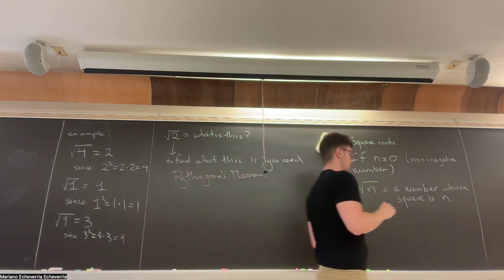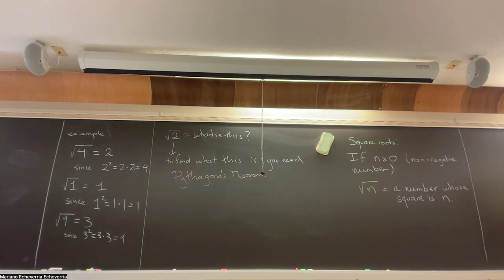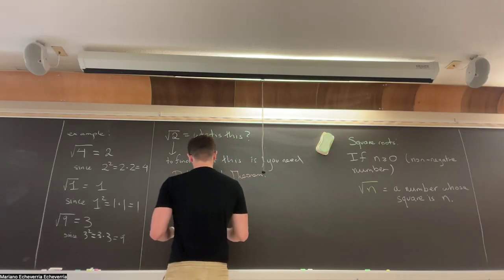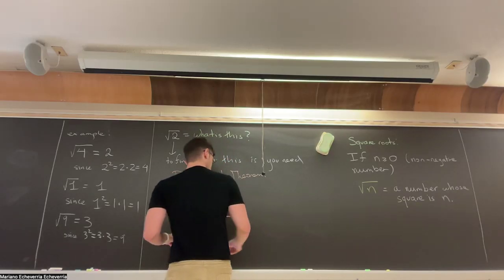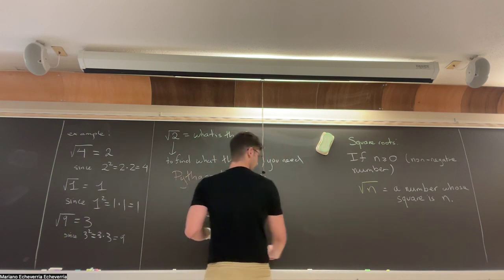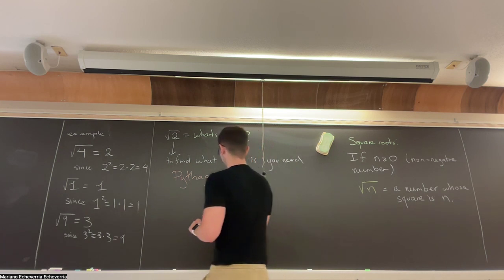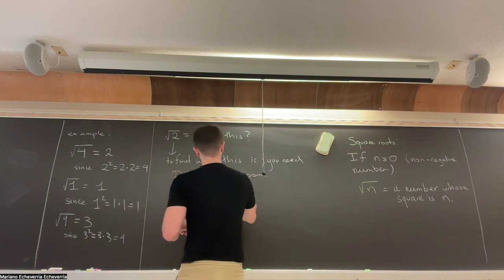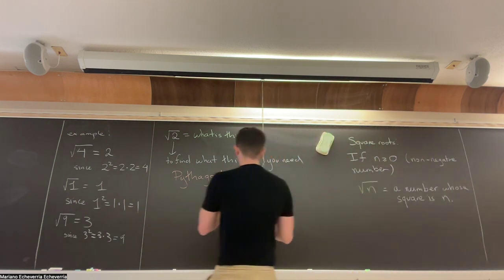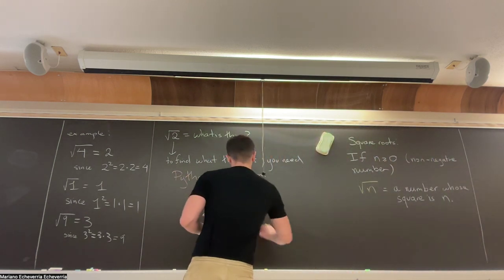So what that says is that if you have a right triangle, so let's say you have a right triangle whose sides are called ABC.